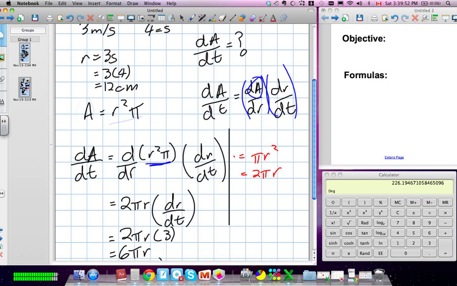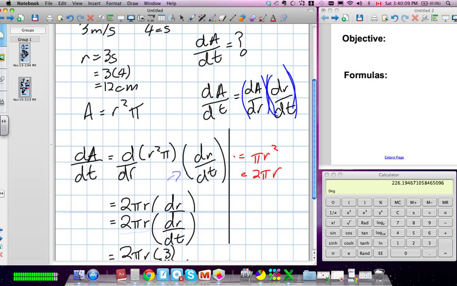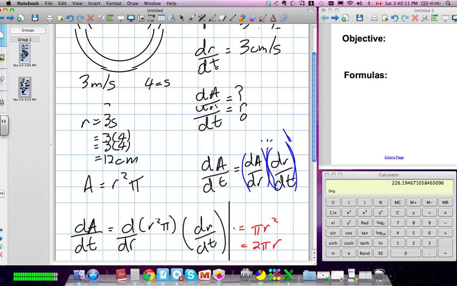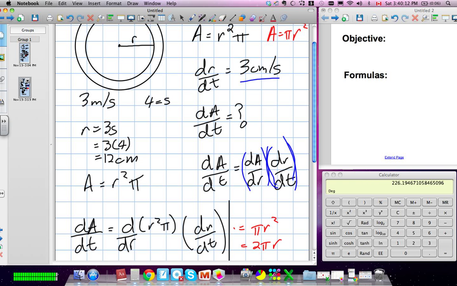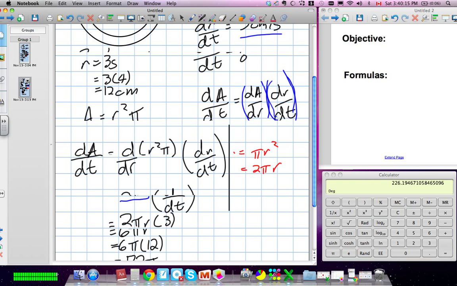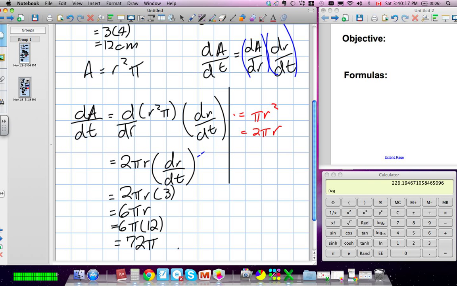So now that I've done that, I'm going to derive that. We find a derivative of this. We end up with 2 pi r times the rate of change of the radius, because that's this part of the equation, which we haven't solved, a change in radius over time. We do know that the change in radius over time is 3 centimeters a second. So I can replace this part of the equation with the number 3. When I multiply them across, we get 6 pi r.